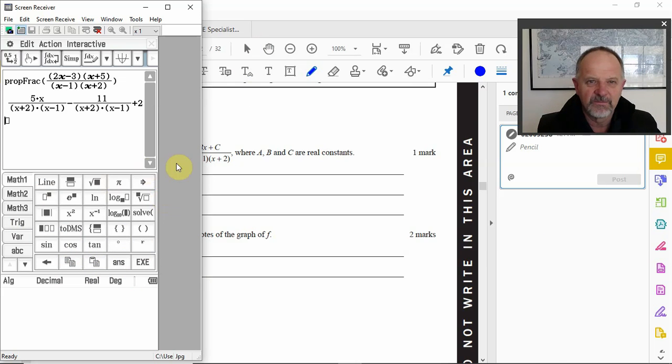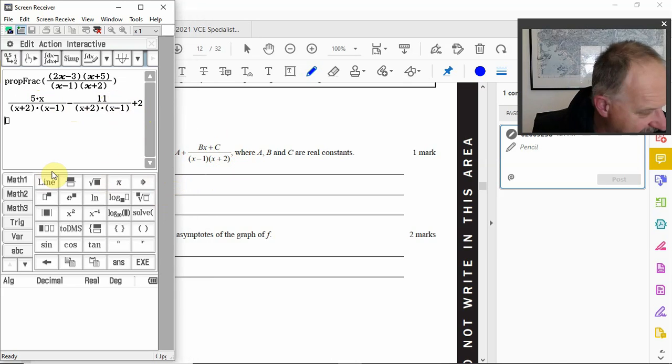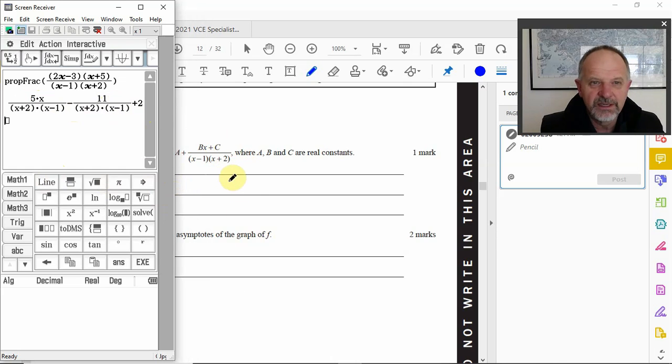There it is. All right, so the form that we're looking for is this one here, a plus bx plus c all over the one thing. So the a is the 2 here, and the bx plus c is the 5x minus 11. So c is negative 11. All right, so you then copy that down into here.